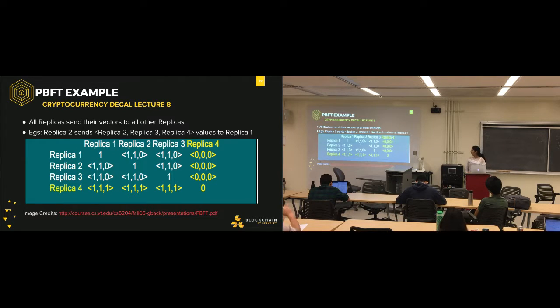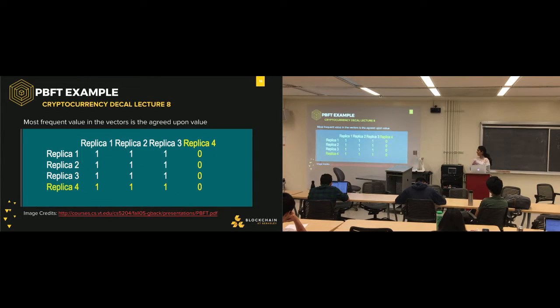Once they have sent their vote, they vectorize the values from all the other nodes that they received, and then they send out the vector that they've generated to every other client again. And then the value that appears most frequently in all the vectors ends up being the agreed upon value.